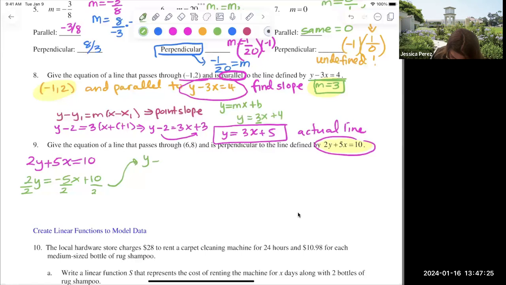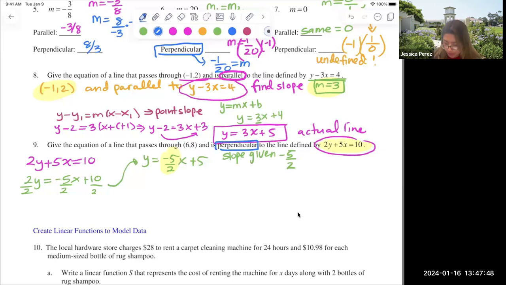So I get y equal -5 over 2 x plus 5. So the slope of the given is -5 over 2. But is that the slope that we're working on? No, because I want to find the perpendicular slope.